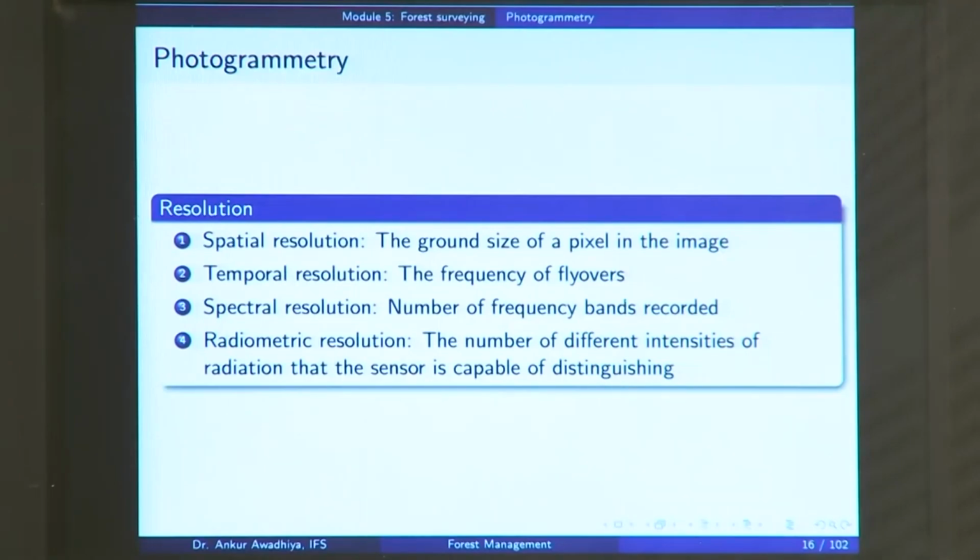Now, third is the spectral resolution. Now, spectral resolution is the number of frequency bands that are recorded. So, how many frequencies are you recording? Are you taking a black and white image, in which case you have only one band? Are you taking a color image, in which case you have got 3 bands, red, green and blue? Or are you taking even more number of bands?